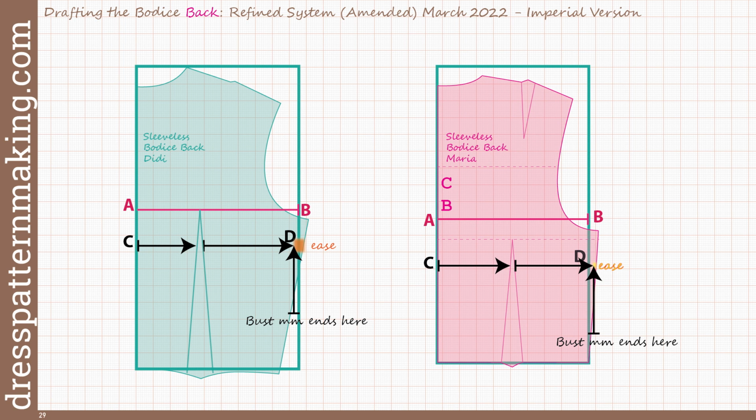She ends up with 9/16 of an inch ease for the half block, which means 1 1/8 inch ease for the whole back block. My upper bust arc, A to B, is exactly the same measurement as my bust arc from C to D, so when I take into account that dart, it means D extends past my basic rectangle, and I end up with only 3/16 of an inch for the half back, which means 3/8 of an inch for the whole back compared to Dee Dee's 1 1/8 of an inch, which is a significant difference.